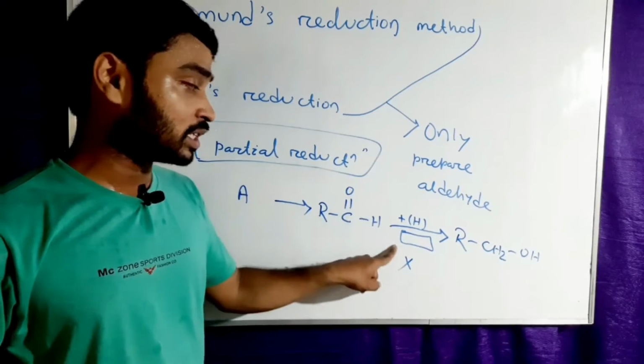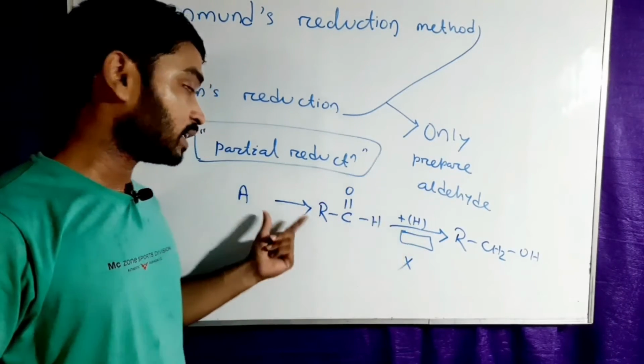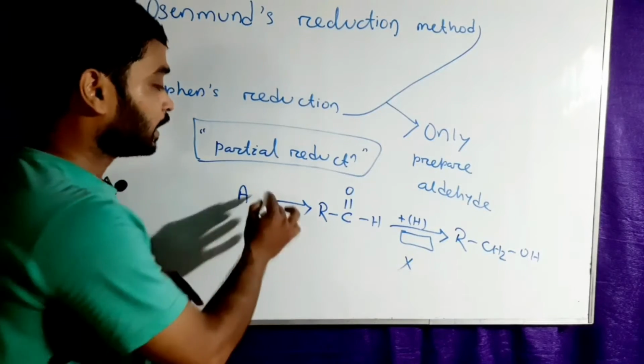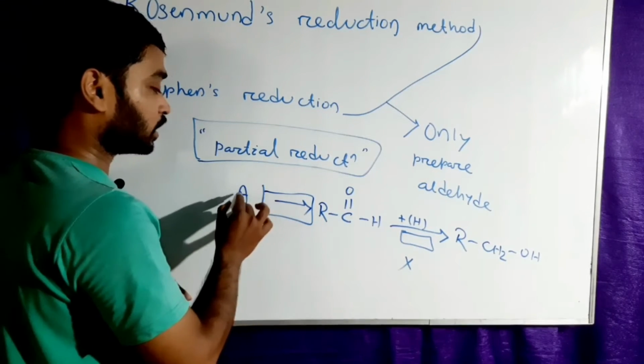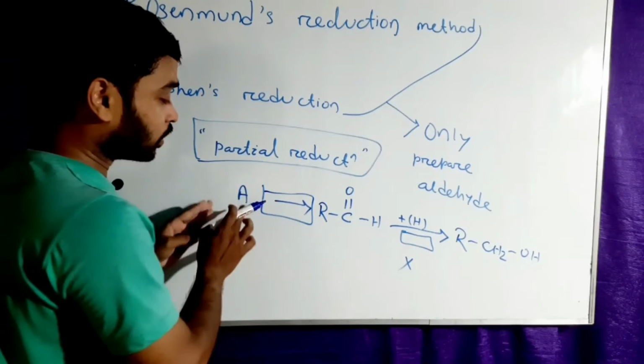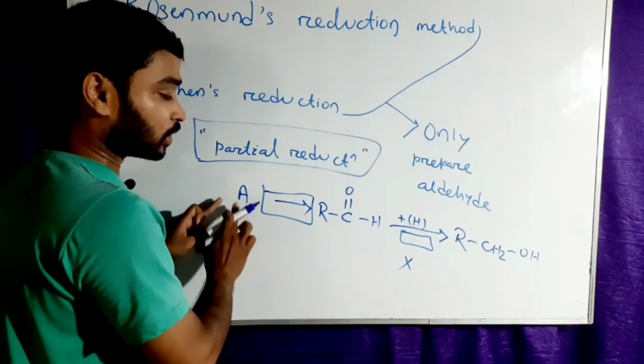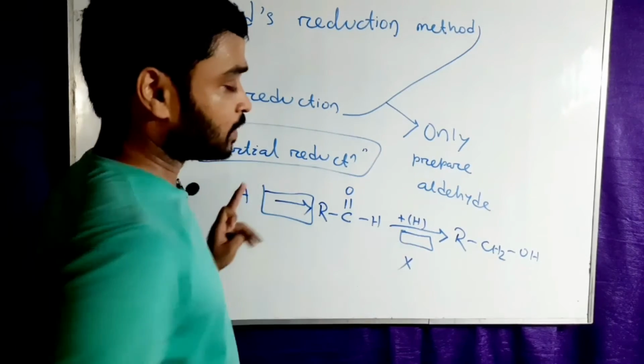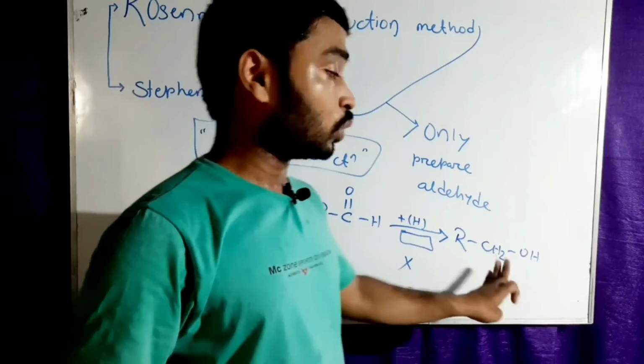This process will be blocked by the reagents we are going to learn, because the reducing agents involved in the conversion of the reactant to aldehyde will inhibit the reduction of aldehyde to alcohol.